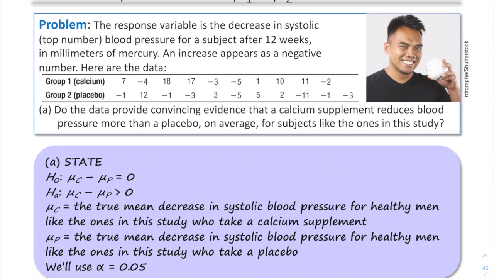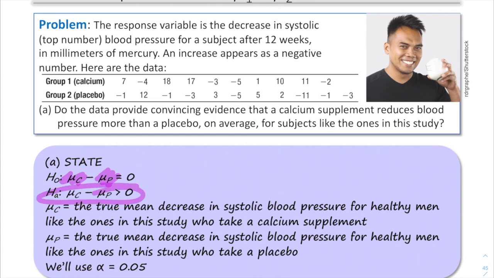So, do the data provide convincing evidence that a calcium supplement reduces blood pressure more than a placebo on average for subjects like the ones in the study? So, we have mu C, those taking the calcium, and mu P, the placebo. The null is the difference equals 0 versus the alternative greater than 0.